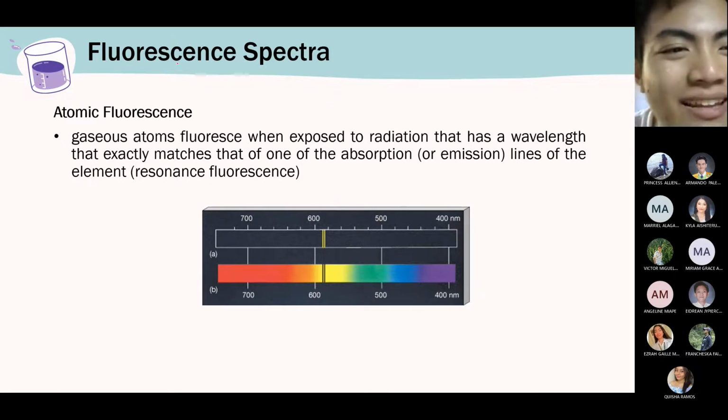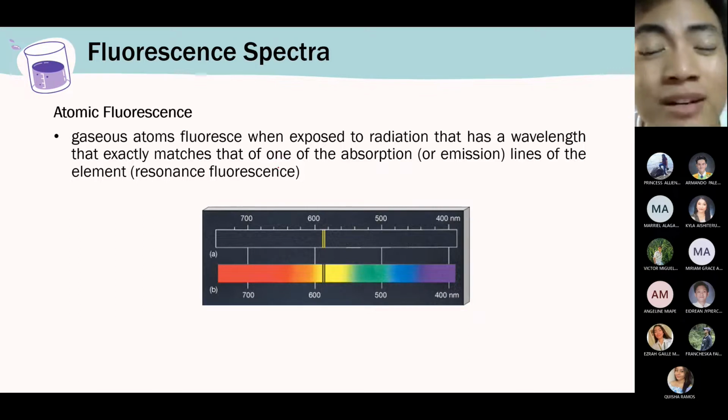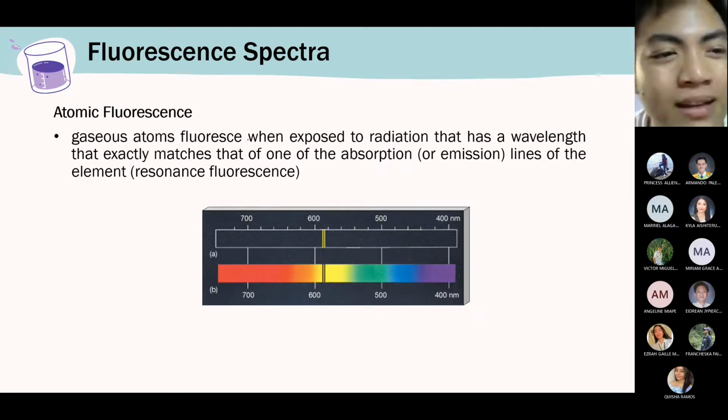The last type of spectroscopy is fluorescence. Fluorescence is very similar to emission, so sometimes they are interchangeable. In fluorescence spectroscopy, your matter will absorb light and then release it later.